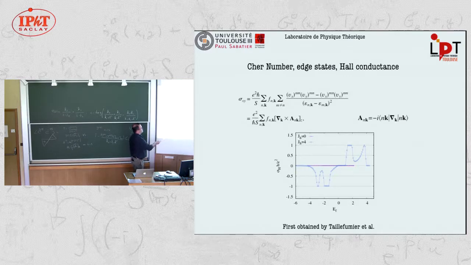As you can see, if you put Hund coupling 0, absolutely nothing happens. But when you get a non-integer Hall conductance, it's because you are not in an insulator, you're in the middle of a band. To have an integer Hall conductance, you need a completely filled band. So this is what happens here.